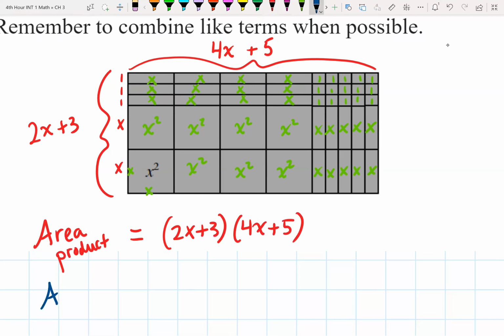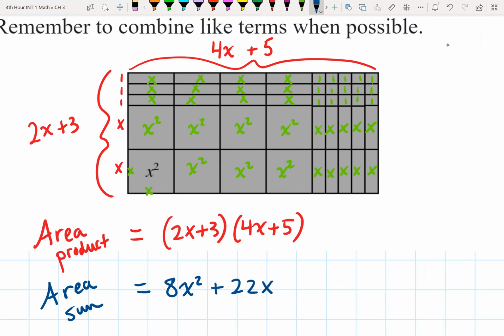Now the area as a sum of its parts: if I just sum up all the areas you see in green here, we would just count. How many x squared tiles do we have? We have 8 of them, so that's 8x squared. How many x tiles do we have? We've got 3, 6, 9, 12, and then 10 more to add to that, so that's 22x.